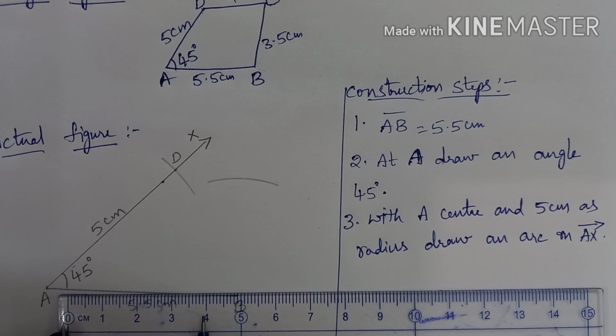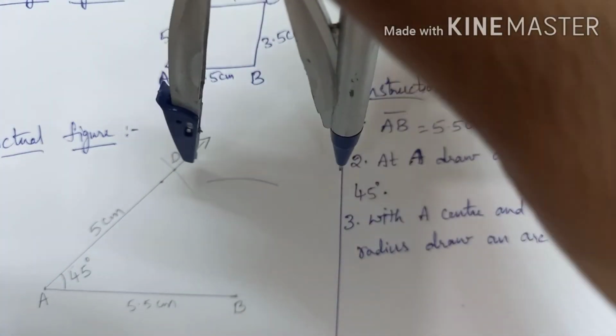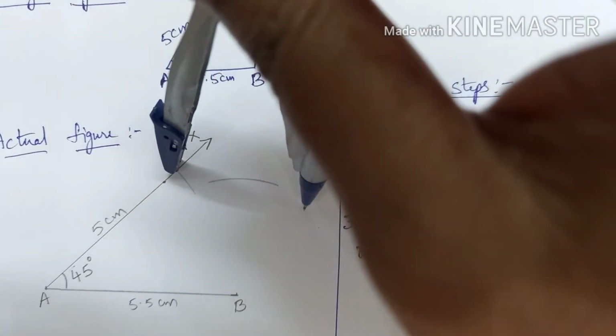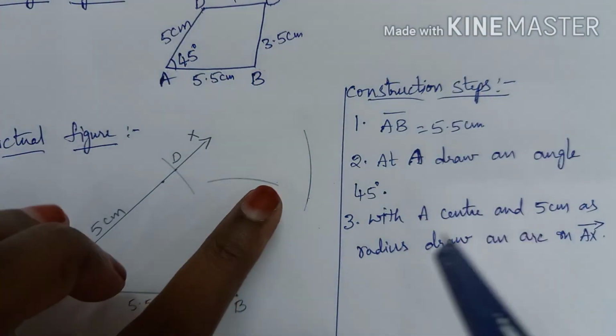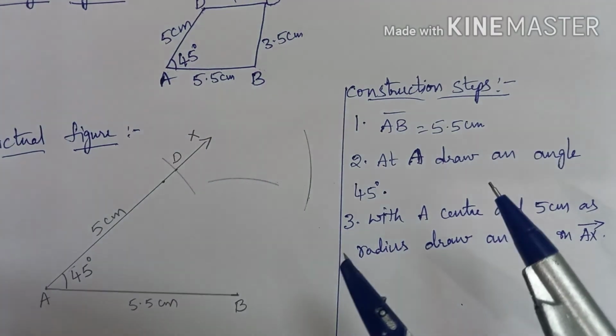See children, from D, it is 4 centimeters. Now, with D as center, draw another arc which cuts the previous arc. So, here it is not cutting. That means we have to extend this arc.